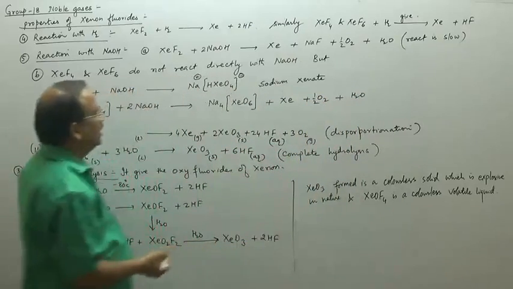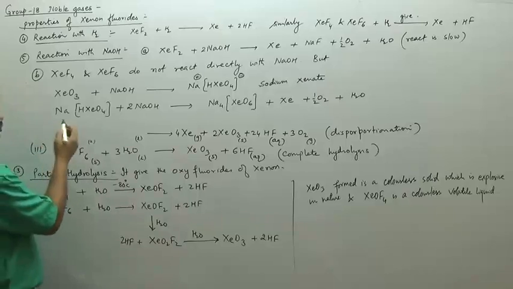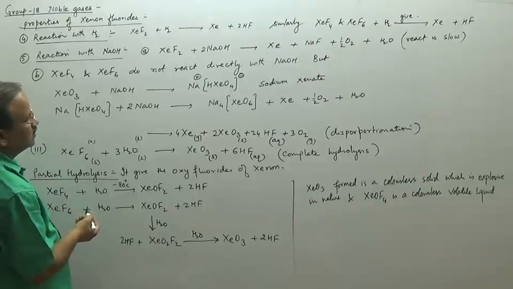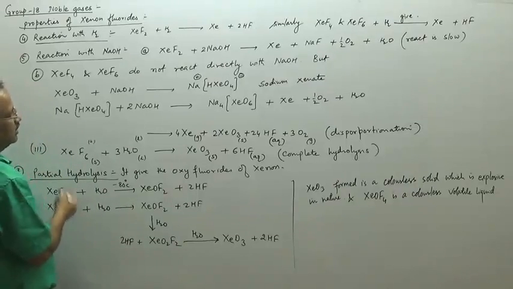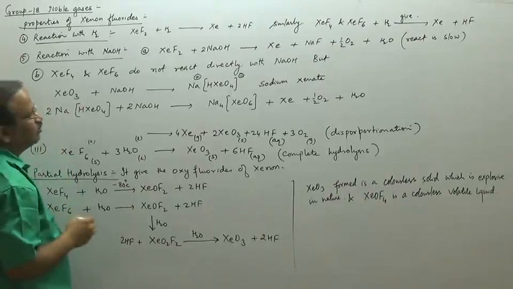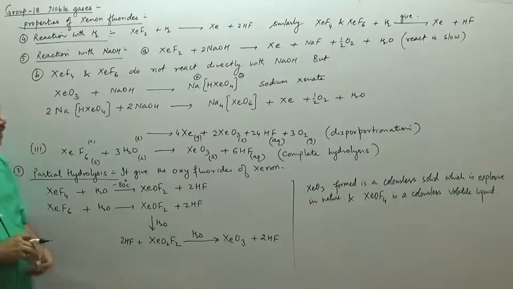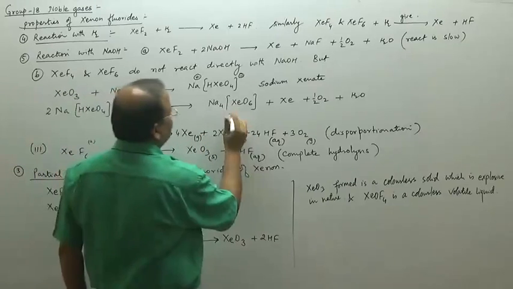So like that we write the product. The product which is formed is called sodium perxenate.